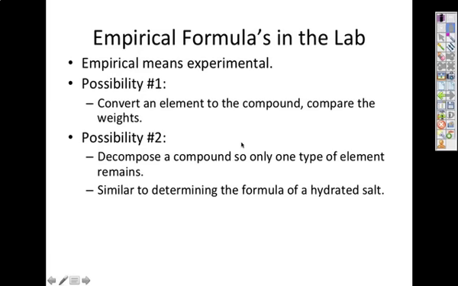Or our second possibility is we could decompose a compound so that only one of the elements remains. And we do the same sort of thing if we need to figure out the formula of a hydrated salt, which is a big year 2 project for us, if you take that 3rd semester.